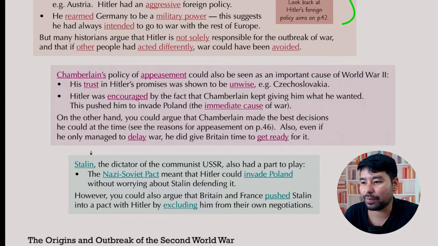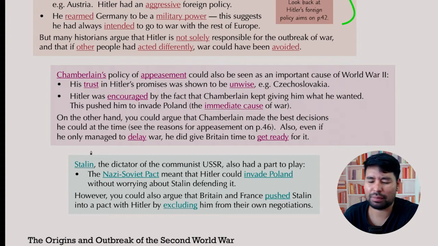If you do something unwise, it means you do something a little foolish, not smart. It is not an intelligent act, almost a stupid act. Okay, this is unwise.